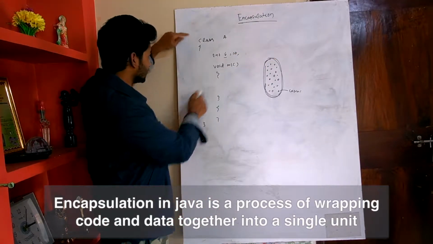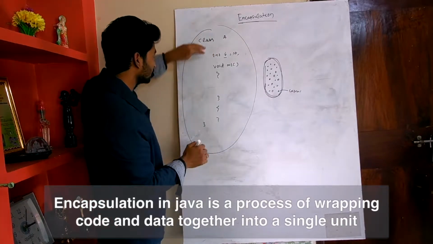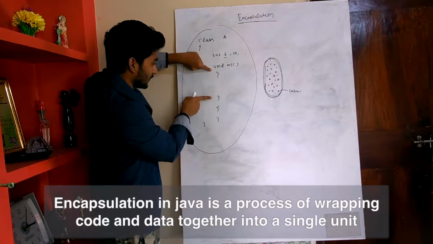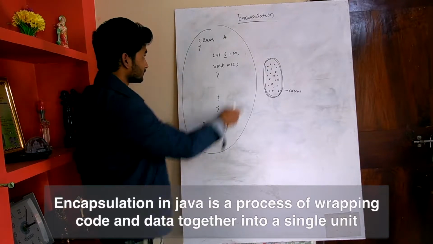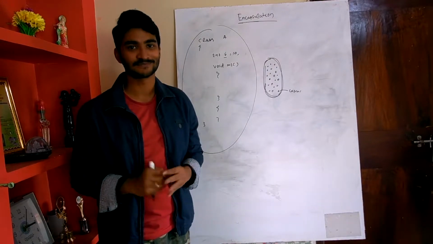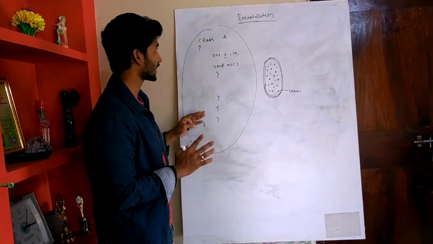A class is just a container, and it has different ingredients, like a variable, a method, and a block. Presenting everything as a single unit is called encapsulation. This is the fundamental thing about encapsulation.